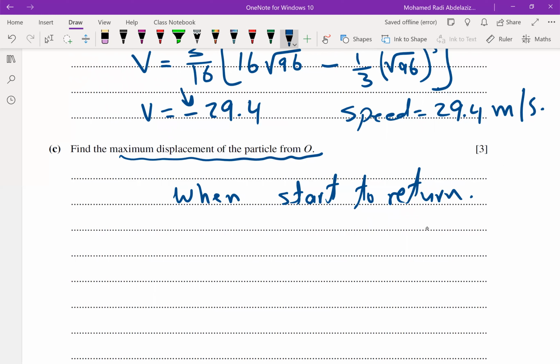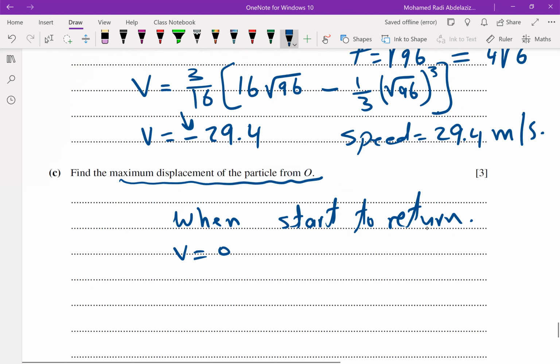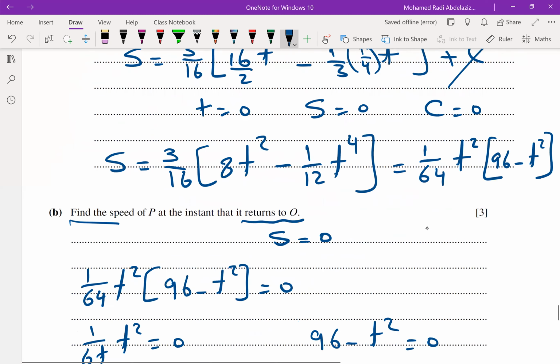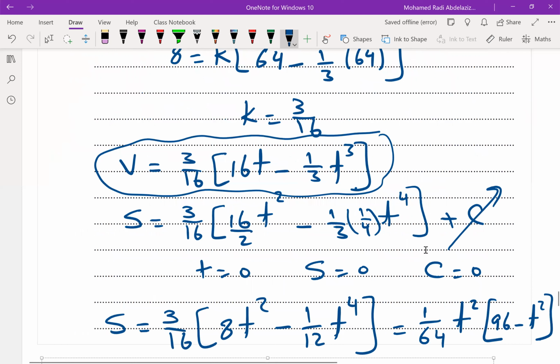Particle starts to return, this means v is equal to 0. When the particle starts to return or changes direction of motion, we use v is equal to 0. Back to the expression of the velocity.